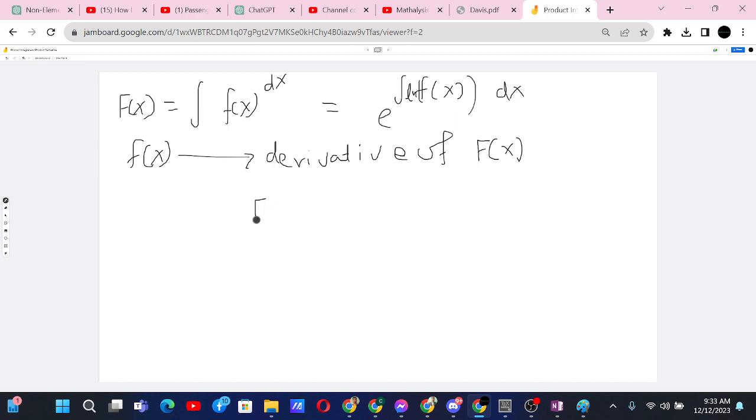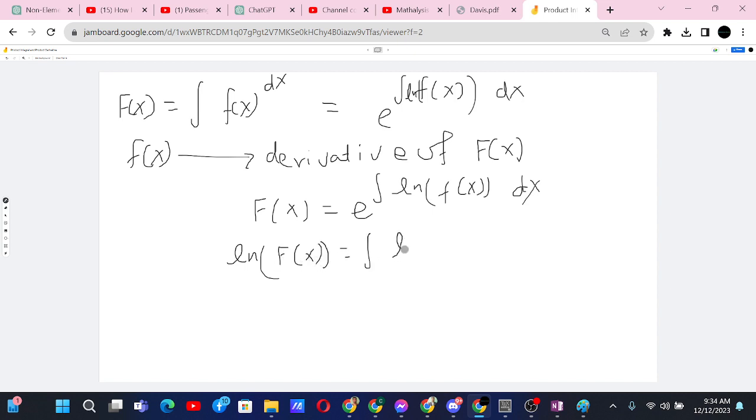We can use the fact that capital F x is also equal to e to the power integral of ln of small f x dx. So ln of capital F x is equal to the integral of ln of small f x dx.